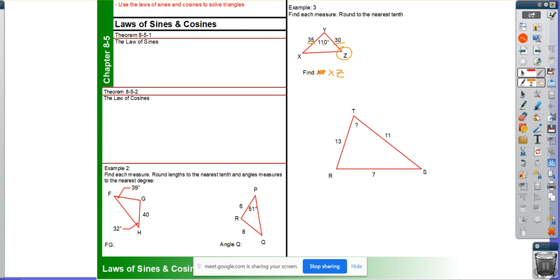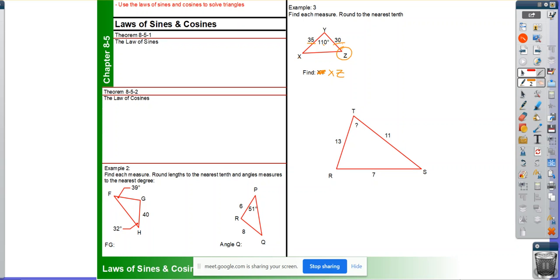There you go. Wait, that's so easy. So then angle X relates to the side that's 30 units long, but we don't know angle X. And angle Y is 110, and it relates to XZ. We don't have XZ. All right, so how do we set this problem up?